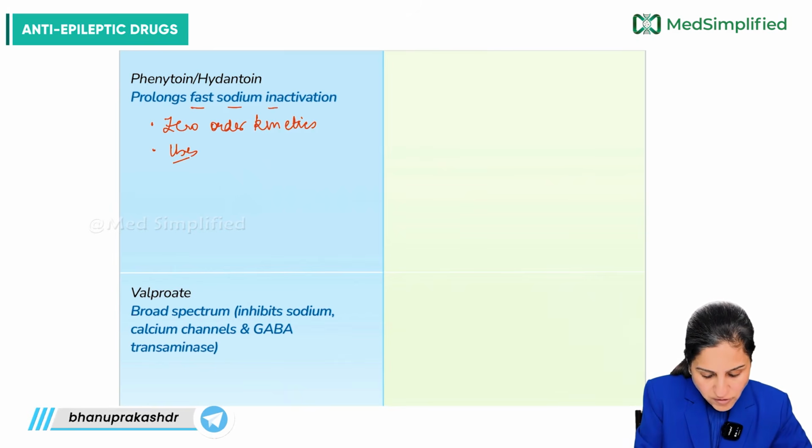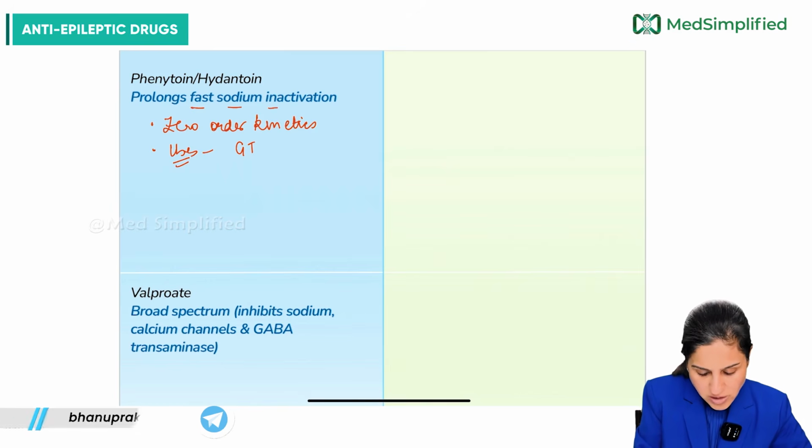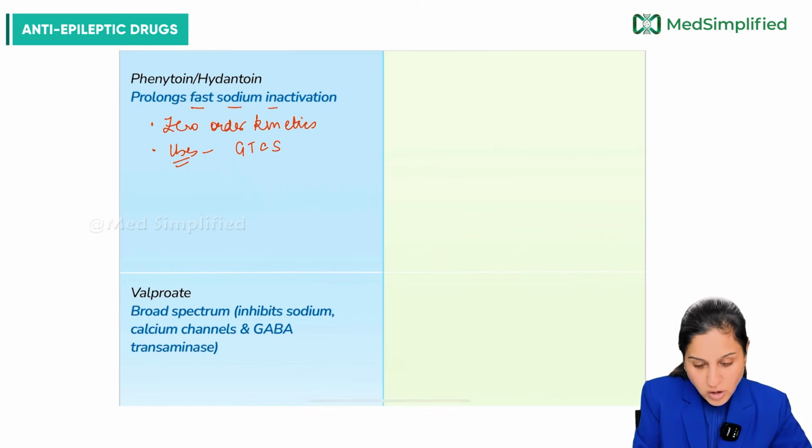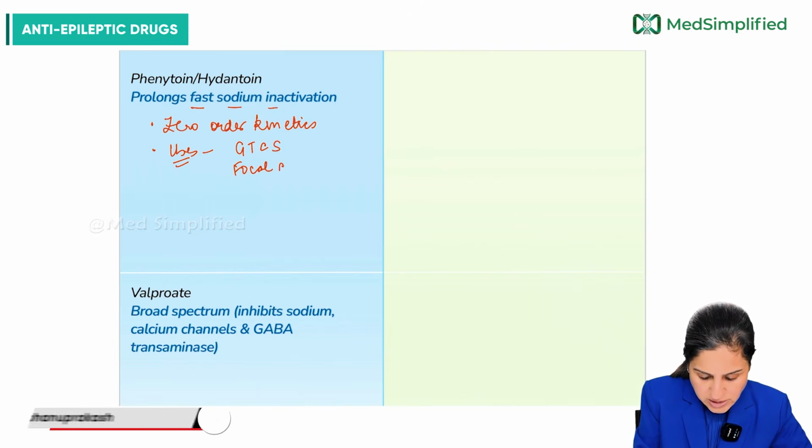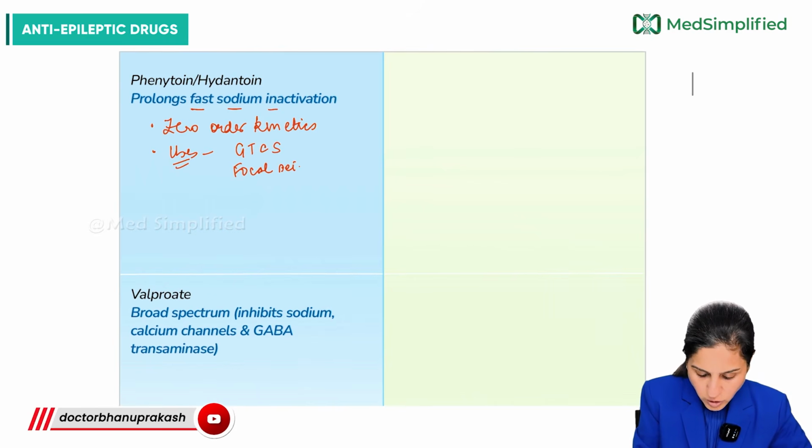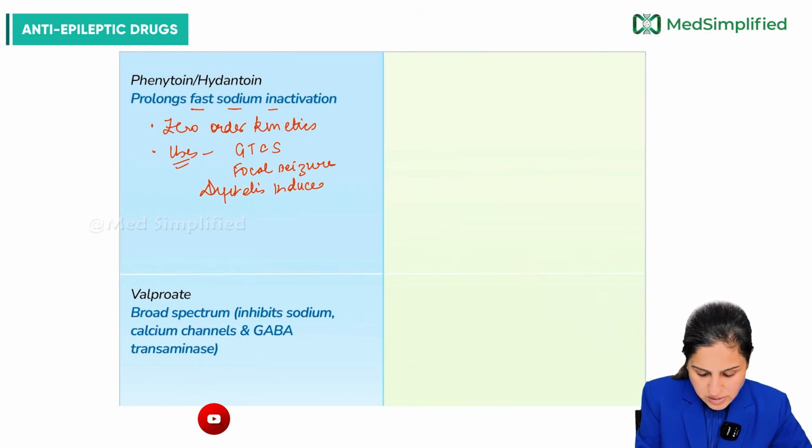Important uses of phenytoin: it is one of the first line drugs in generalized tonic-clonic seizures. It is also used in focal seizures. Remember, now we don't call them partial, we call them focal seizures. Then it is used in digitalis induced arrhythmias.